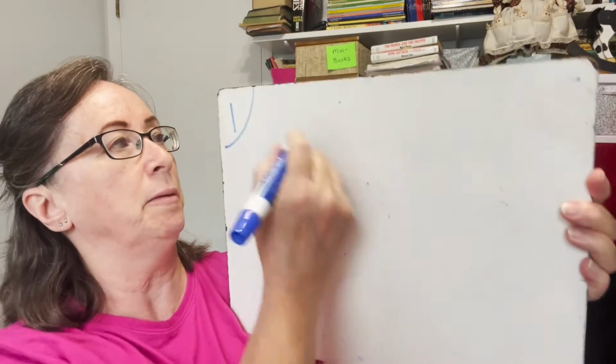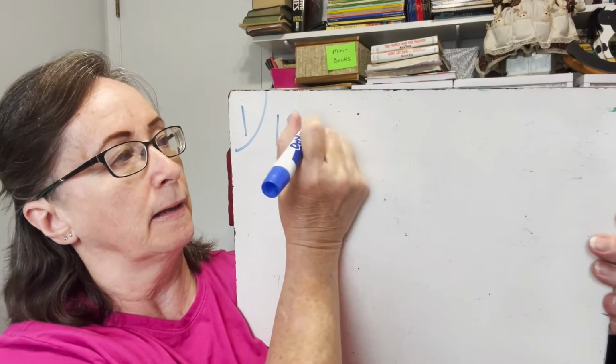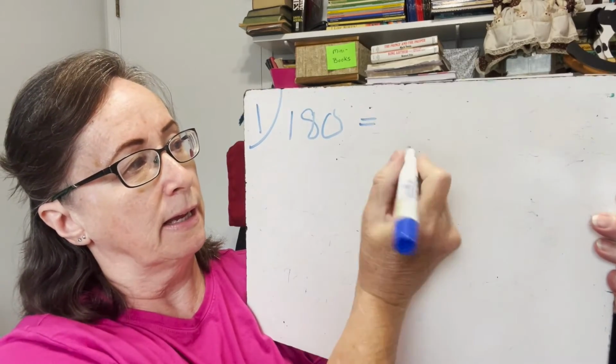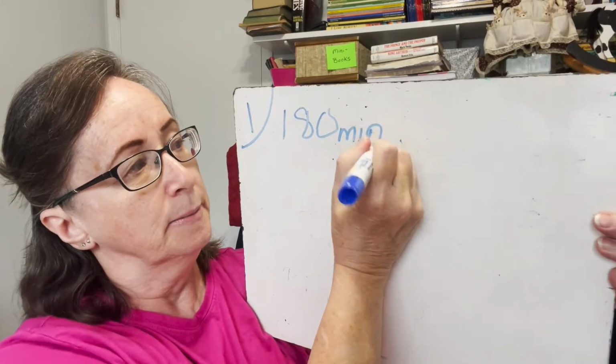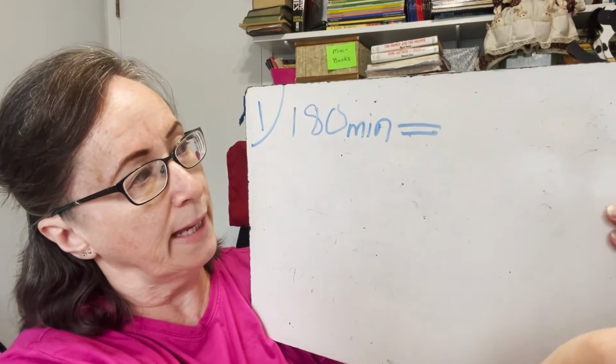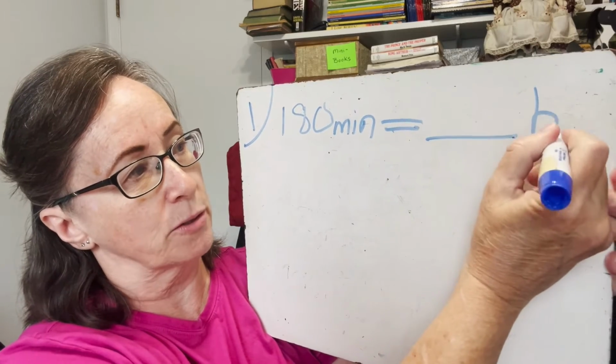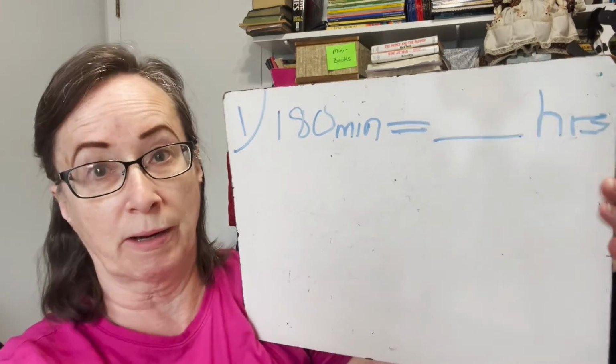So what we're looking for is 180 minutes equals how many hours? I'm going to put 180 minutes equals how many, oops, I got to put minutes down there, minutes equals how many hours? That's our problem, straight out of the book.